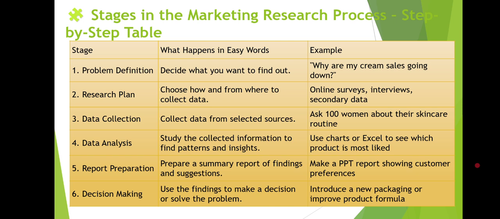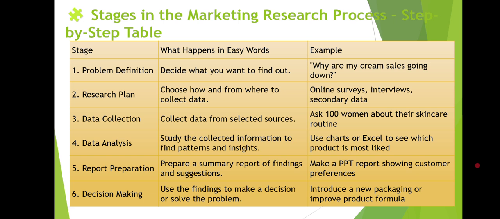Third stage we have data collection, which means collect data from selected sources. For example, ask 100 women about their skincare routine. This is an example of data collection. Next we have data analysis. Here we basically study the collected information to find patterns and insights.